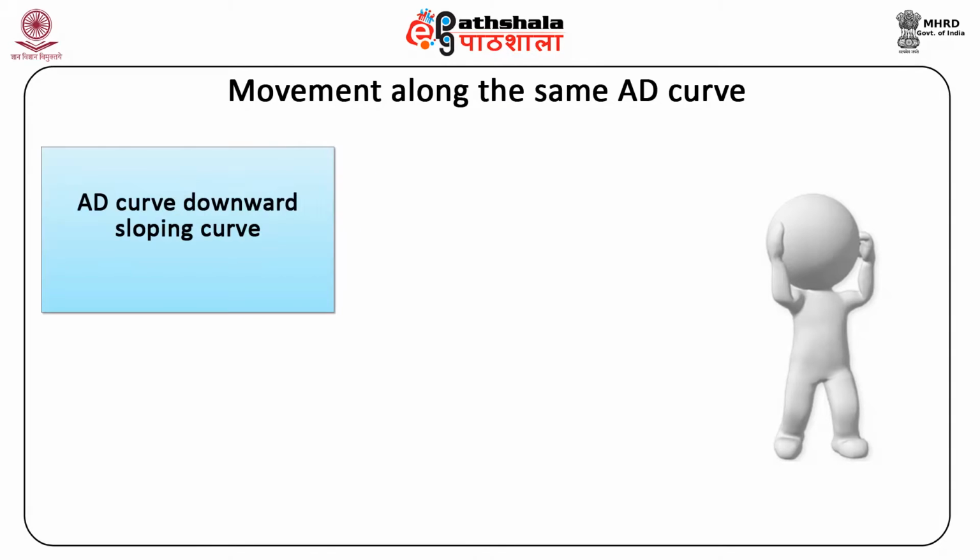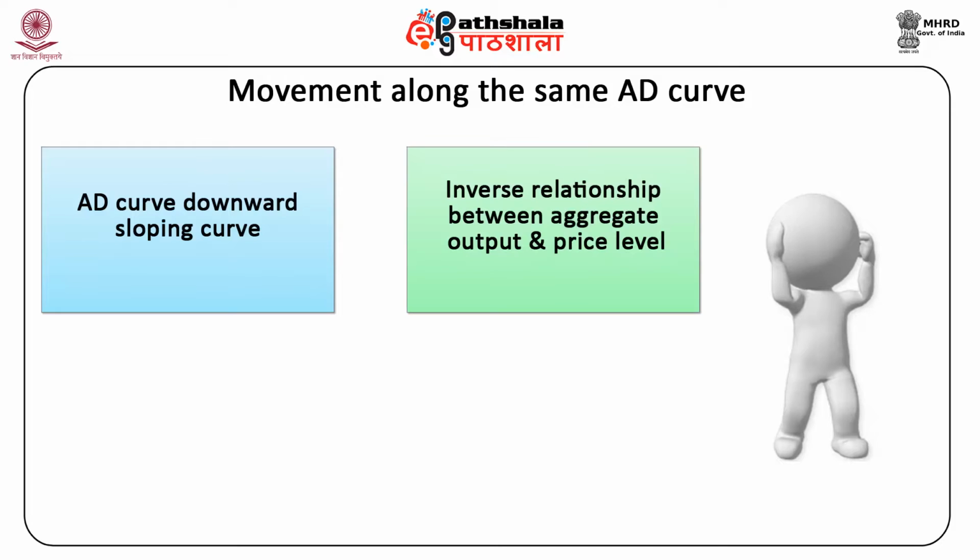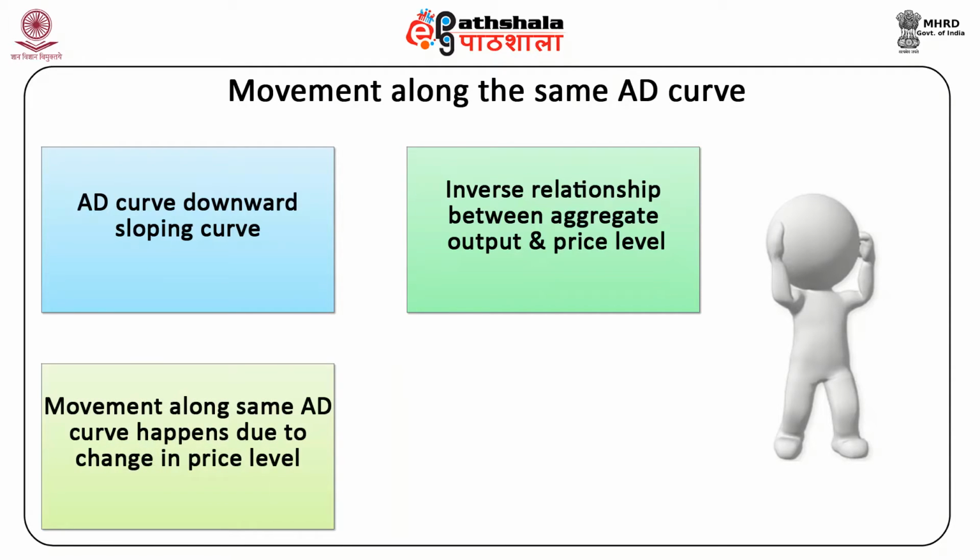Graphically, aggregate demand curve is a downward sloping curve showing an inverse relationship between aggregate output or income and price level in the economy. Movement along the same aggregate demand curve happens due to the change in the price level in the economy.